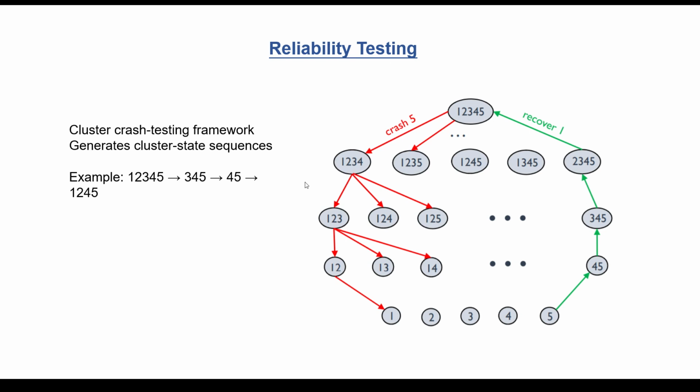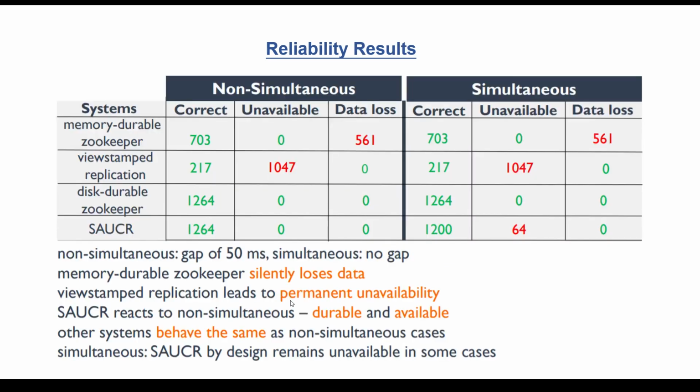For example, in this event chain, the 5 nodes will crash at first, and then the first 4 nodes crash, etc. In this way, after thousands of tests, they see that SAUCR works very well.